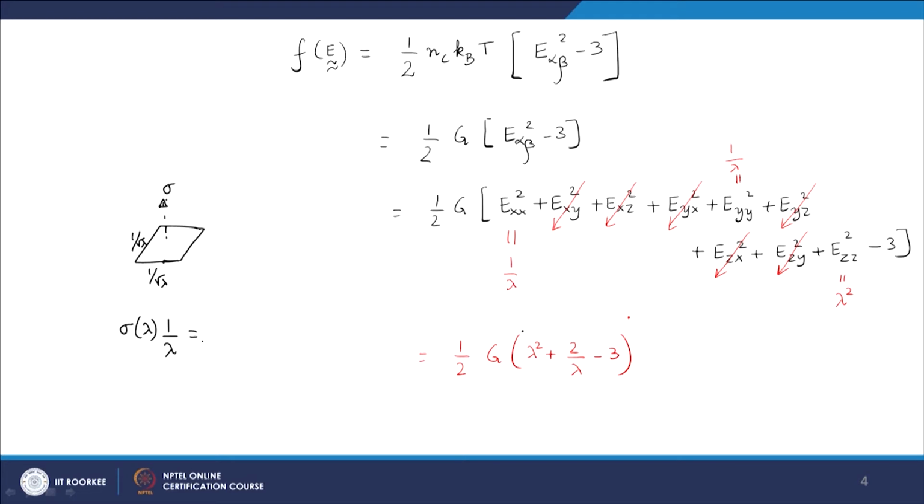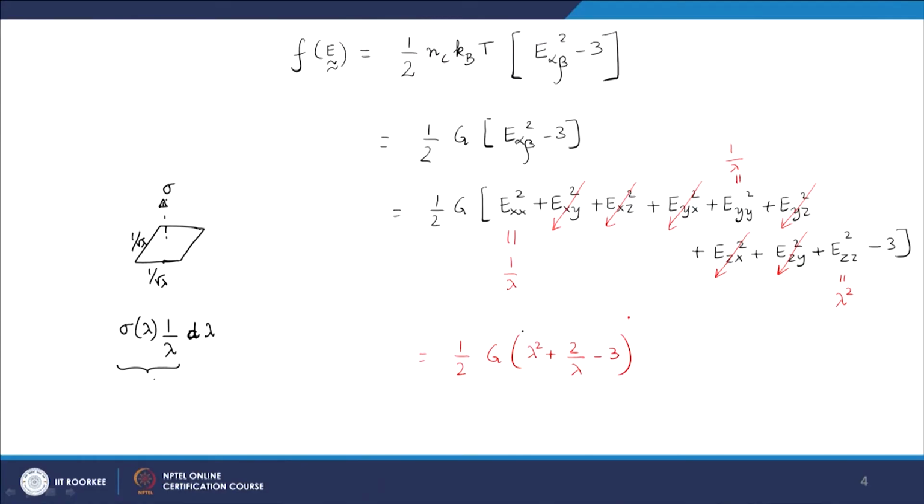That force, if I multiply with d lambda, that tells me the free energy change for a small deformation from lambda. So, assuming that the lambda is my mechanical equilibrium state, and if I do a small deformation, then the change in free energy is the force acting at that moment when the deformation is lambda.